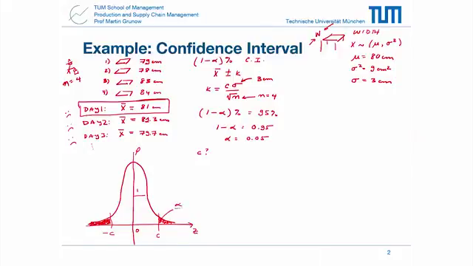you want that to be alpha over 2. So in this case, 0.025. And here, alpha over 2 equals 0.025. So in total, you have 5% probability of lying outside those C values and 95% probability that your Z value would lie within those tables.